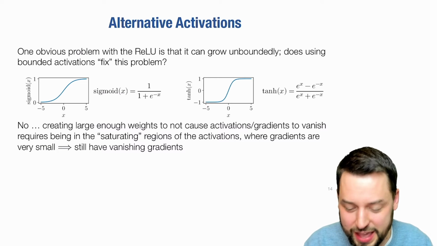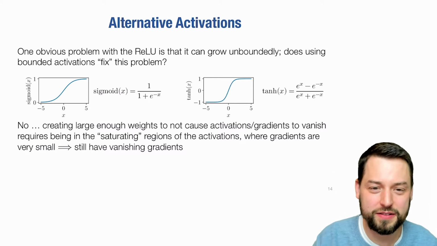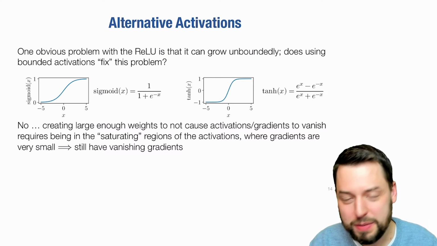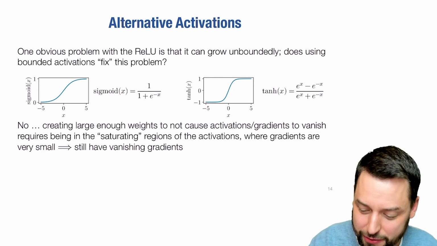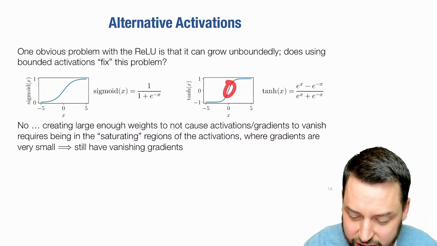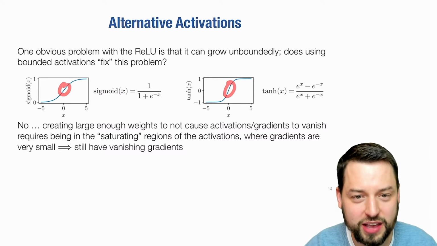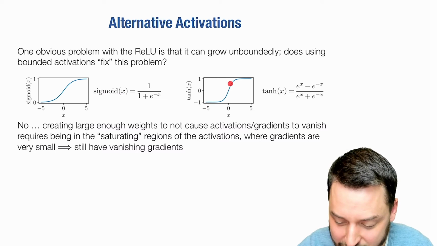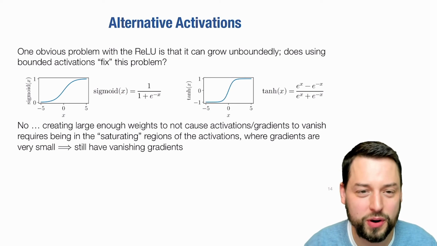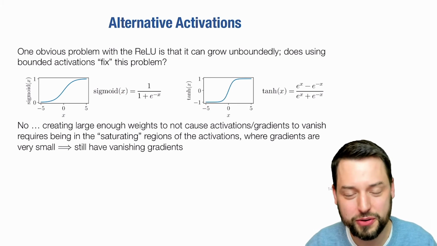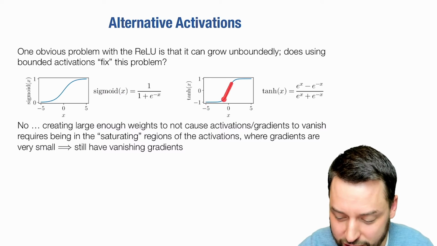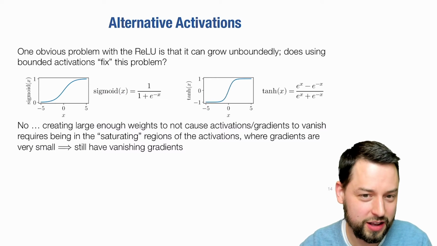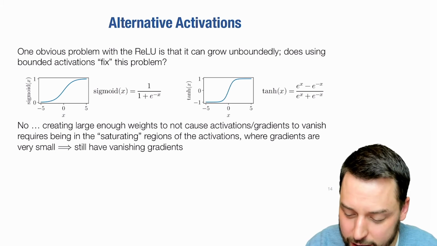In particular, they don't solve the vanishing gradient problem, because one of two things will happen. You're either going to be in this region here in your activation, in which case your activation will stagnate. Think of the tanh: right in that central point, the activations actually are 0. So if you're at the point with a non-zero gradient, your activations go to 0.